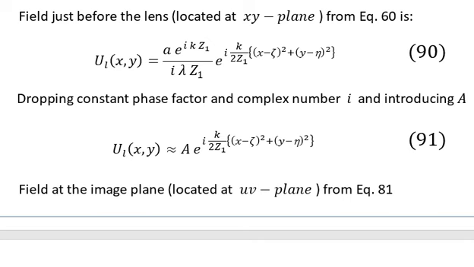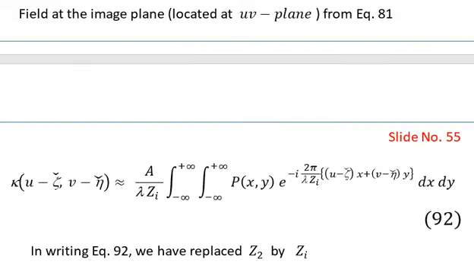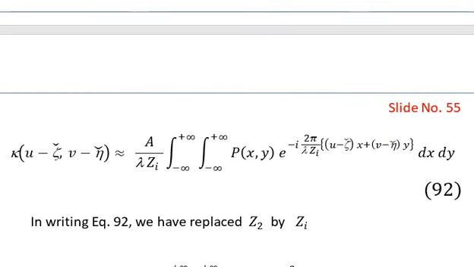The field at the image plane located at the UV plane, from equation number 81, can now be written as h of u minus zeta inverted hat, v minus eta inverted hat, approximately equal to a over lambda zi. Here we have introduced zi because we have replaced z2 by zi, since z2 is the image plane distance, and zi is the imaging distance from the lens.